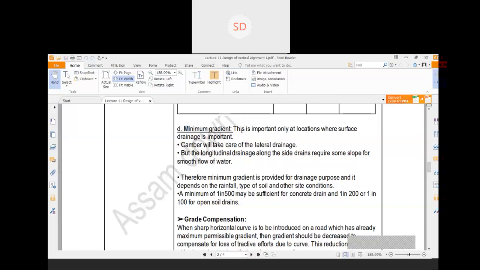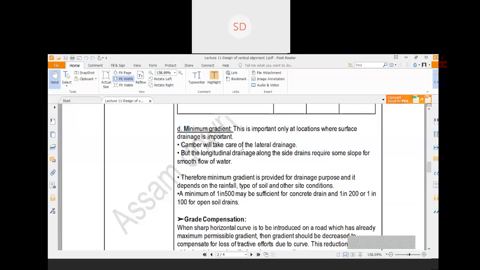Basically in the hilly areas and tropical regions, that minimum gradient is important, because in those areas there will be different cross drainage structures, and rainfall would be much higher. So for this reason there will be a problem of surface drainage, and that surface water should be drained off from the pavement surface.